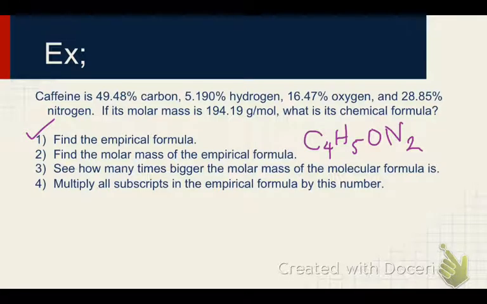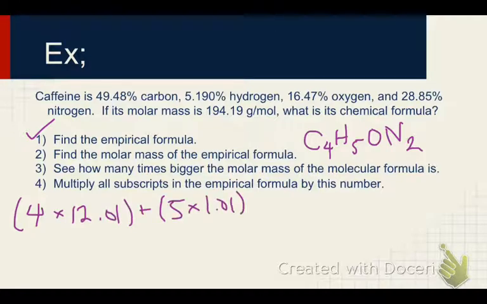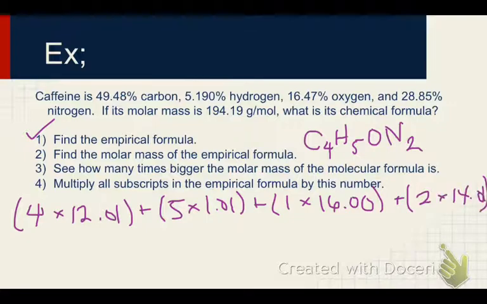So to do that, I'm going to take carbon, which is 4 of them, times 12.01, plus hydrogen, 5 of them, 1.01, plus oxygen, 1 of them, 16.00, plus nitrogen, 2 of them, 14.01. And when I do that, I get a molar mass of 97.0 grams per mole. So that's the molar mass.